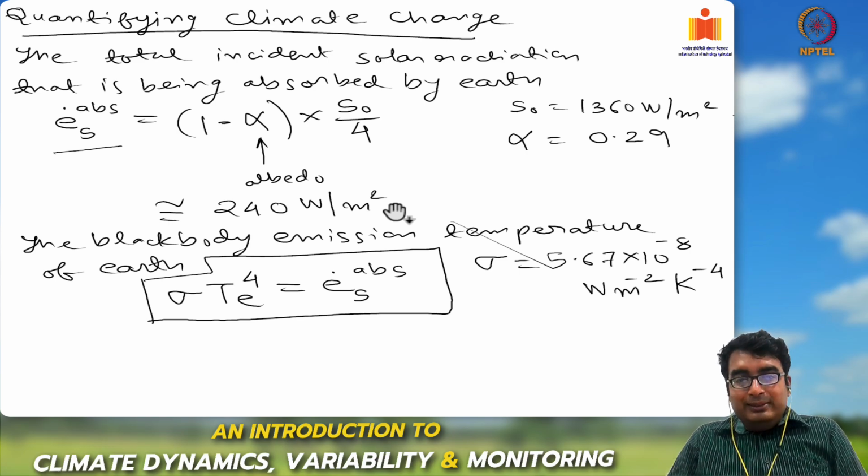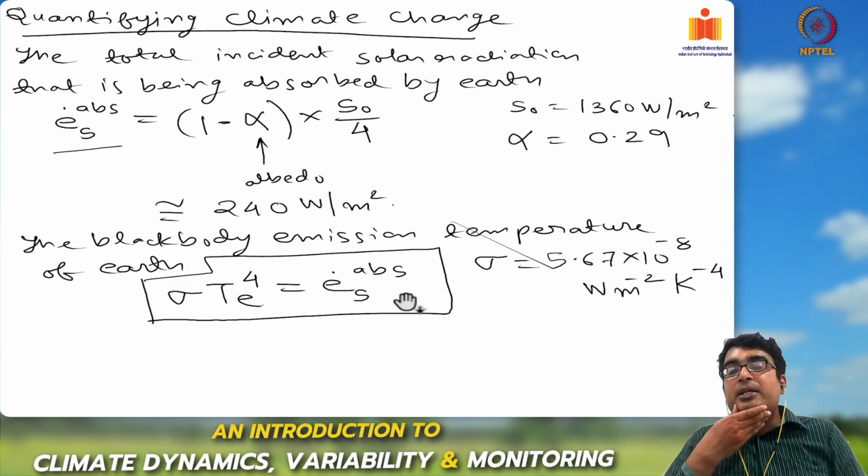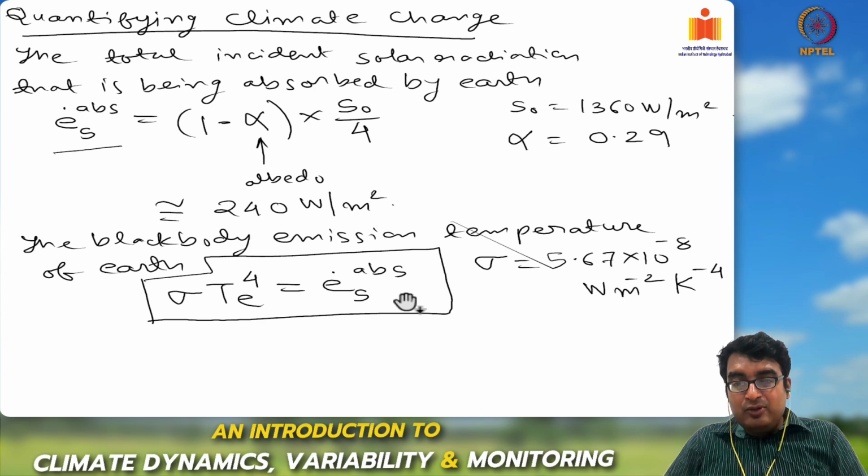We also know that when seen from space, the blackbody emission temperature of the Earth, TE, is such that sigma TE to the power 4, the total outgoing thermal radiation from the planet as seen from space, will be equal to this incoming absorbed solar radiation, at least under steady state conditions, where sigma is the Stefan-Boltzmann coefficient, which is 5.67 into 10 to the power minus 8 watt per meter square Kelvin to the power minus 4.